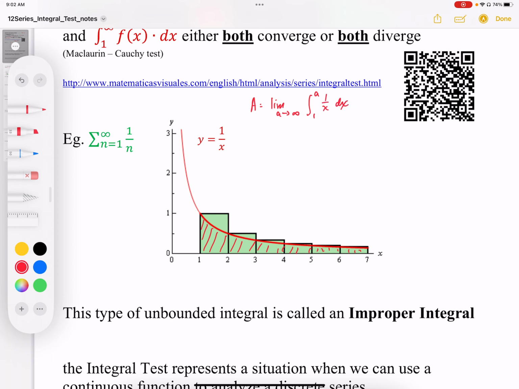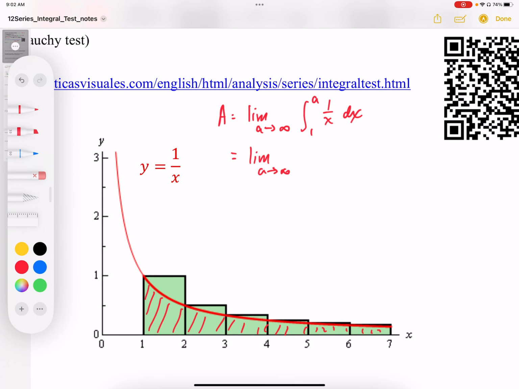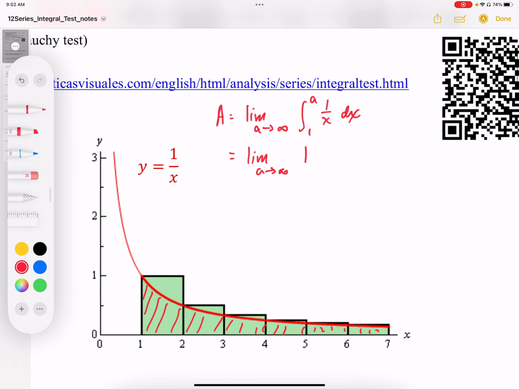Okay, so we're going to calculate that area. The limit as a goes to infinity, and the integral of this will be log of x, log x, and our bounds are going to be from 1 to a, which goes to infinity.